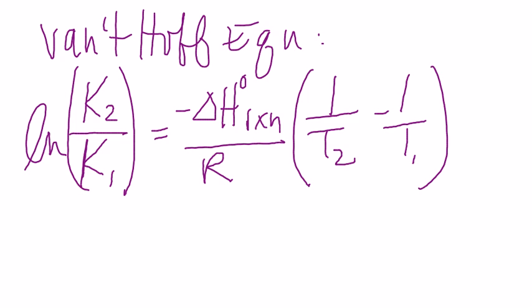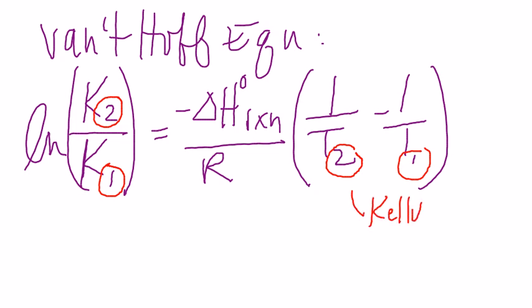The equilibrium is affected by the temperature. And the equilibrium constant K2 at a new temperature T2 can be calculated if you know the original equilibrium constant K1 and temperature T1. Now, of course, temperatures must be in Kelvin.